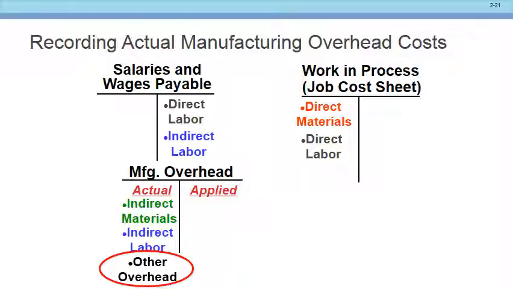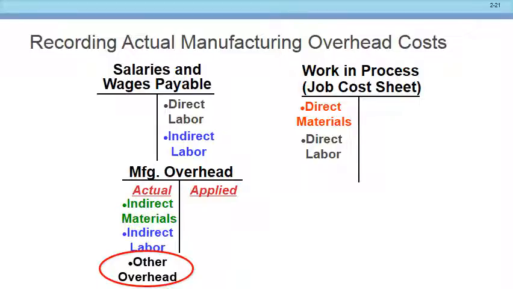Still going to credit accumulated depreciation, but rather than debit depreciation expense, I'm going to debit manufacturing overhead so that now sits in my manufacturing overhead account so that what?